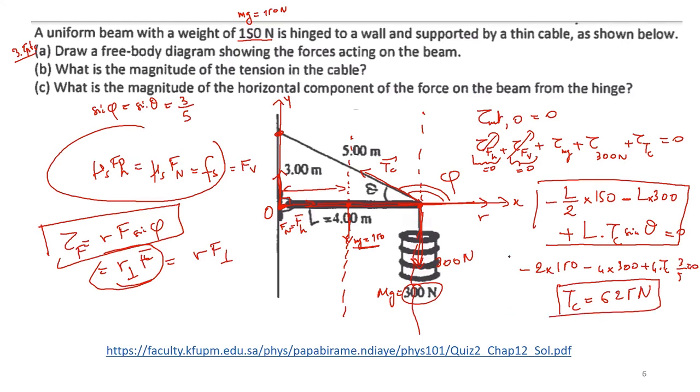Teacher, if I choose theta between the 5 meter and 4, will it be correct or not? Theta, not phi. Not this theta, but I call it theta already here. Yes, it's already called theta.